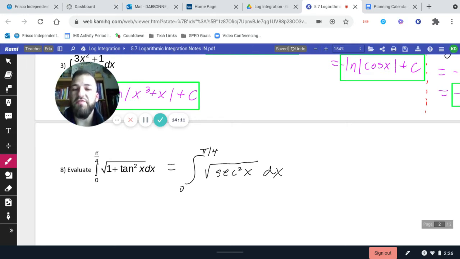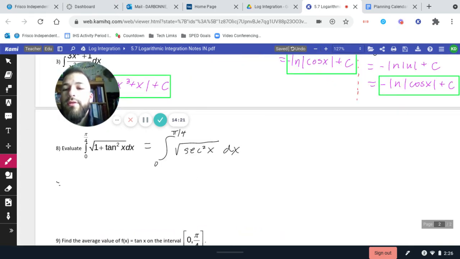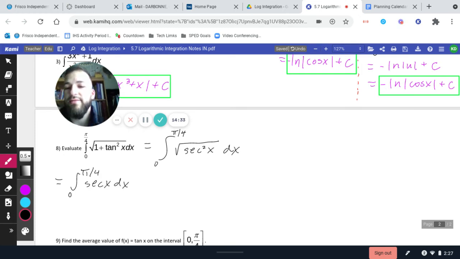Okay, so from here, what's the square root of secant squared of x? Well, the square root of something squared is just equal to the original, or what's under the function. So this becomes the integral from 0 to pi over 4 of just secant of x dx.